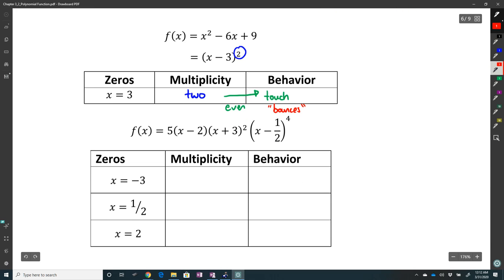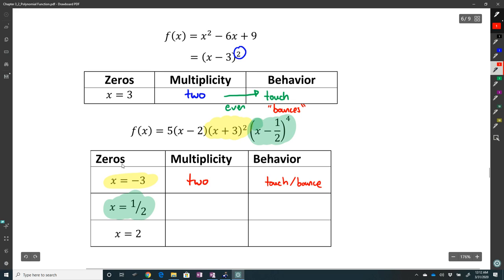Okay, here's another one that's already factored. Here are all the zeros. So x equals negative 3. Negative 3 is this guy. Notice that the multiplicity is 2. That happens twice. So that's going to touch or bounce. Okay, the 1/2 is this one.